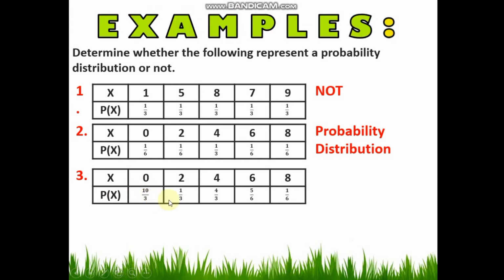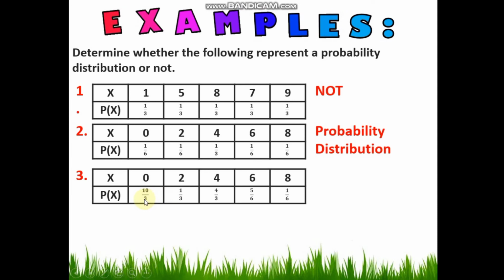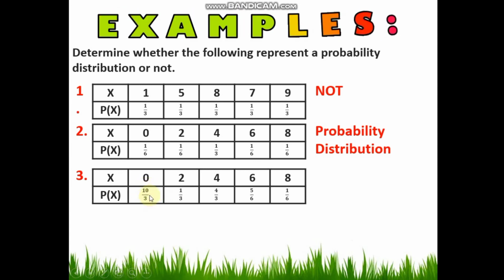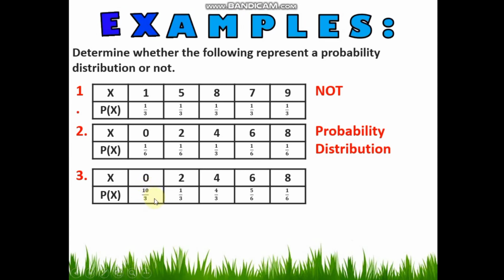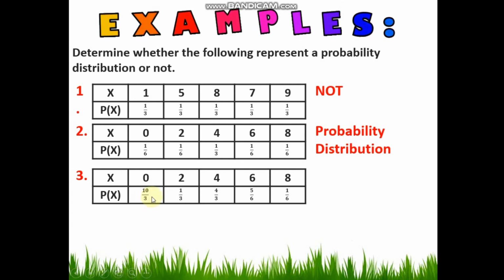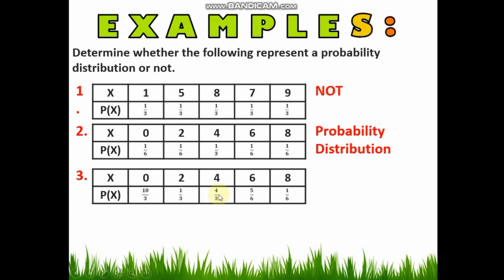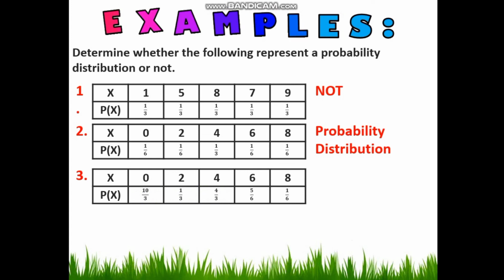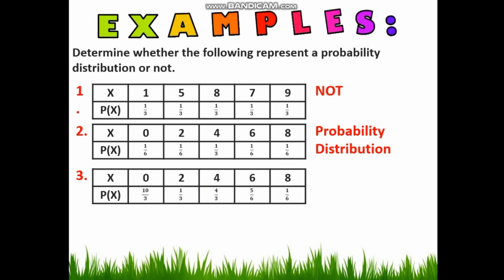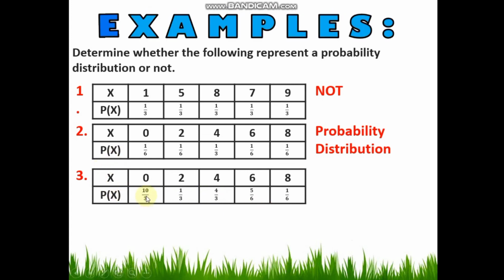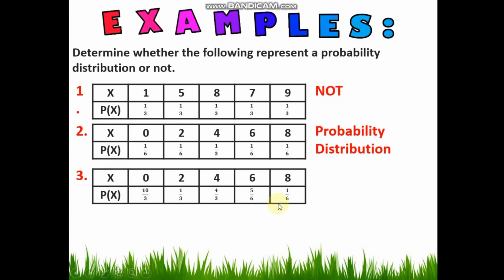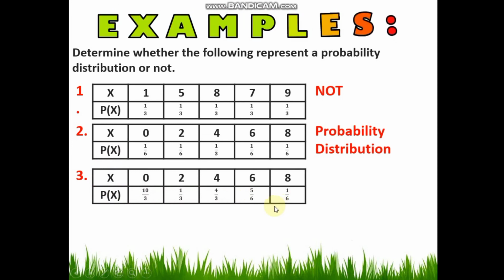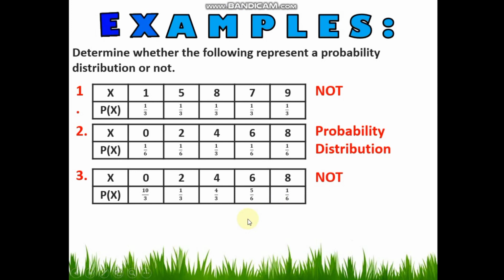So, more than 1 right away. So, property 1 was not satisfied because we actually have two improper fractions that violate property 1, and it goes for property 2 too, because when you add all of them, the sum is still more than 1. So, for number 3, that is not a probability distribution.